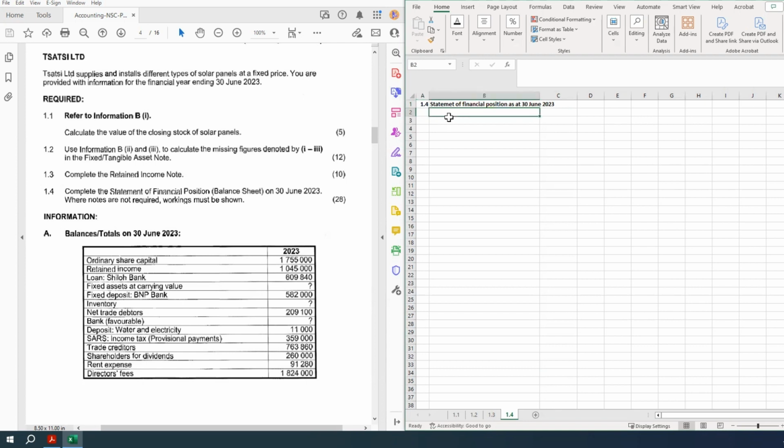Okay, so because I know I'm doing a balance sheet, I can already start setting up the structure, right? So I now have assets, non-current assets. I'll just leave some space. Current assets. And then I will have my total assets. Okay. And then equity.